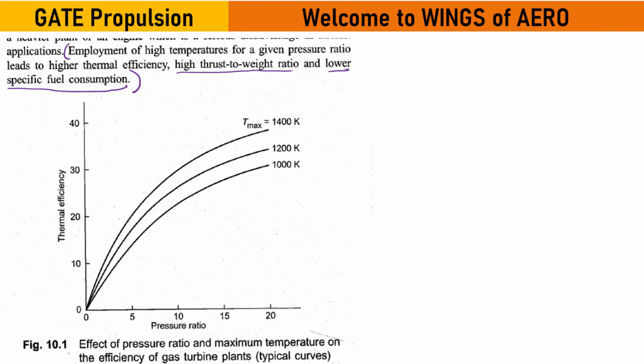So what you can understand from here is, as we increase the pressure ratio, gradually it is based on the maximum temperature, meaning the turbine inlet temperature. As I've said, this plays a very important role. As we increase the turbine inlet temperature, the thermal efficiency will also improve.